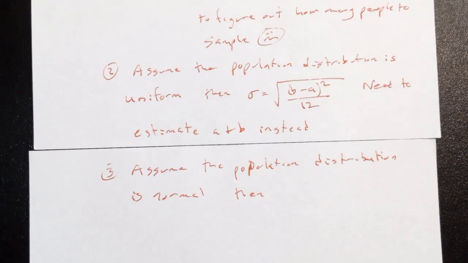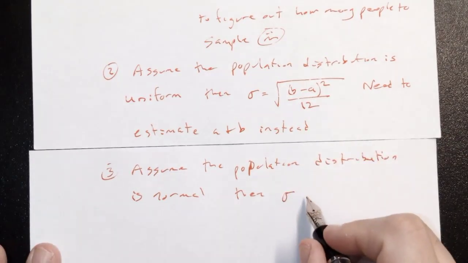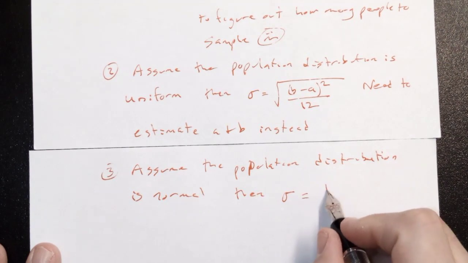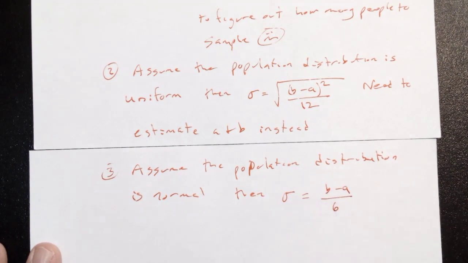If I'm estimating the high and the low, I can just say it's 6 standard deviations from the high to the low. And then I have a definition for the standard deviation.